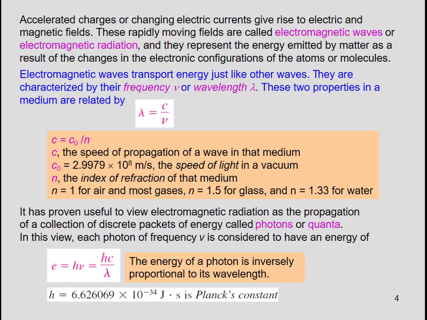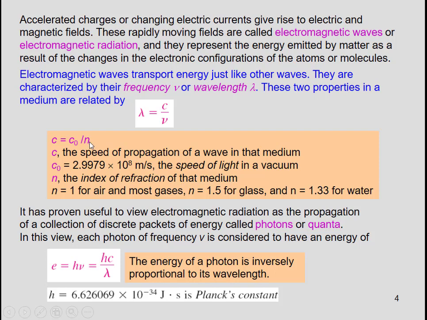And also c0 in this equation is the speed of light, actually the speed of light in a vacuum, which is 2.9979 times 10 to the power 8 meters per second.